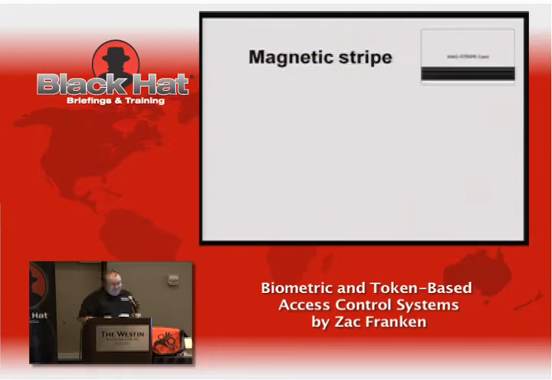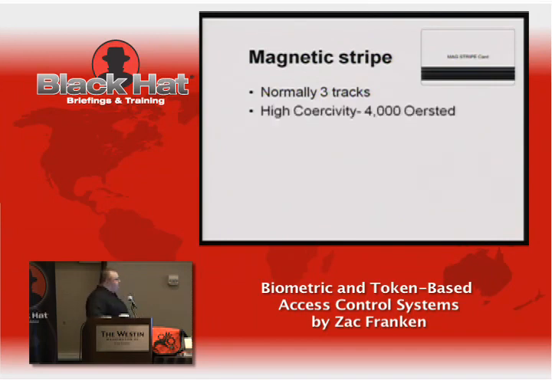So moving right along, we've got the Magstripe card. In general, 3 tracks. Your standard credit card will have 3 tracks. And there's 2 types. There's high coercivity, HiCo cards, and low coercivity cards. Generally, your Visa card is likely to be a low coercivity card, and coercivity is just the amount of energy it takes to flip the magnetic bits.